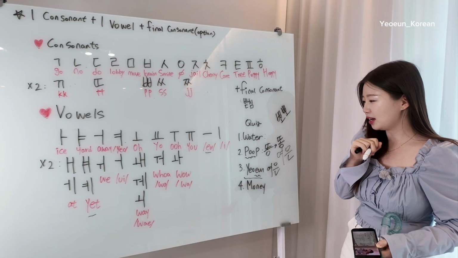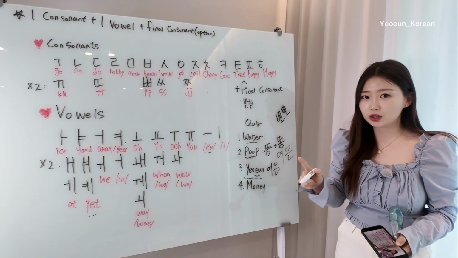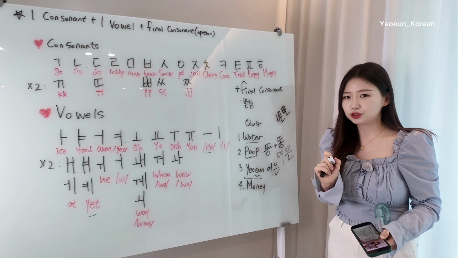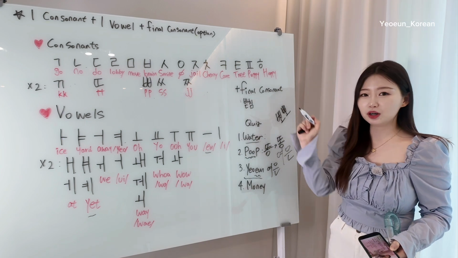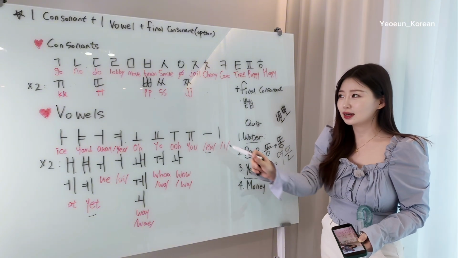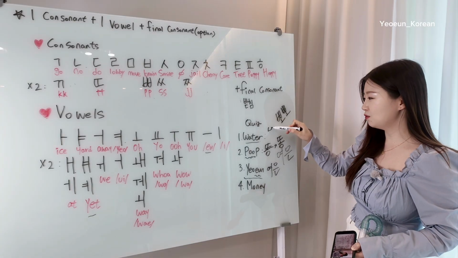And what else do we have? I want to try this word too. The water in Korean, we say 물. So what should we do now? We should find the consonant first. M sound. Yes, right, the M sound first.